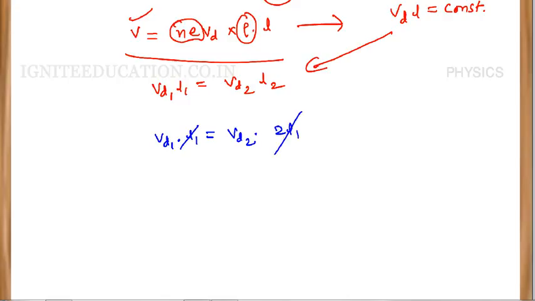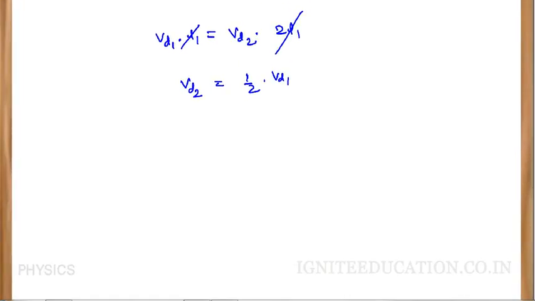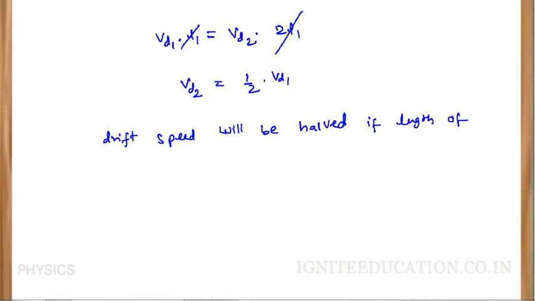So L1 gets cancelled. So Vd2 is equal to half into Vd1. So what is the factor of change? It is half. That means drift speed will be halved if the length of the conductor is doubled.